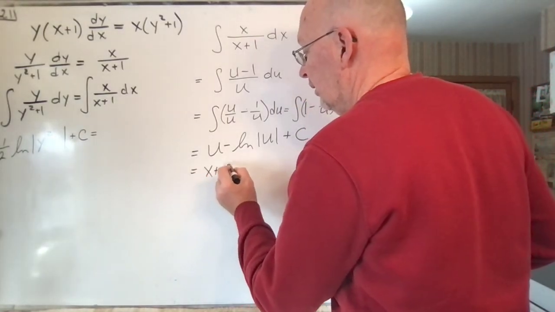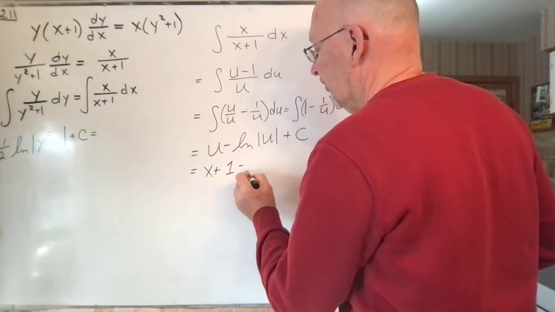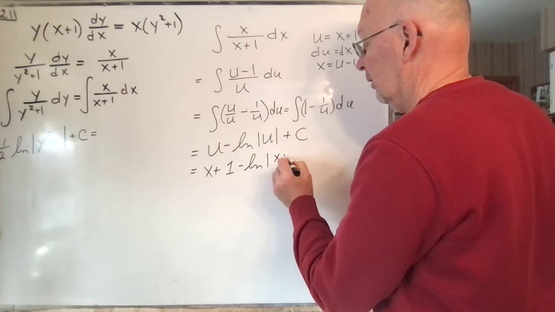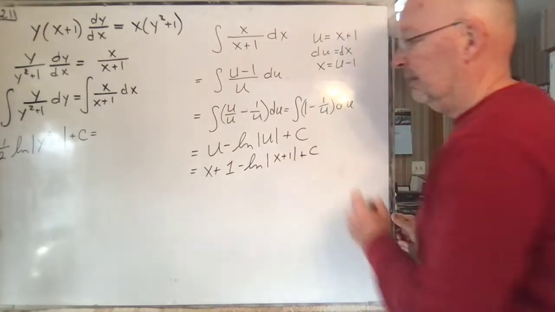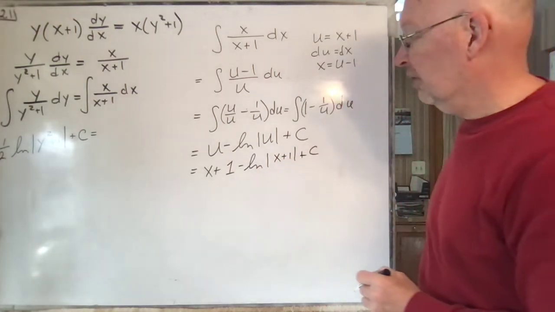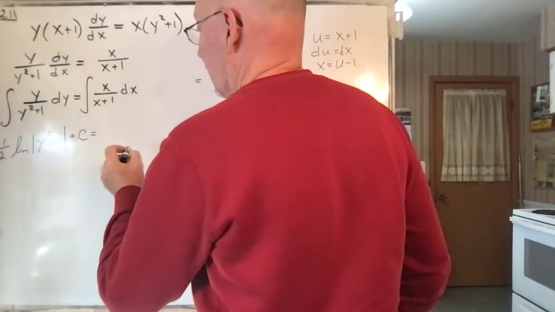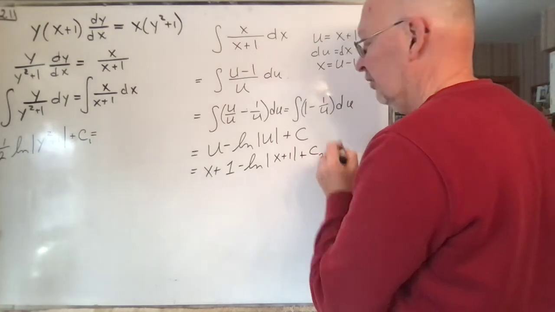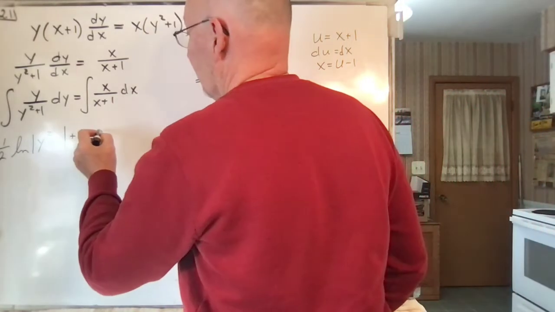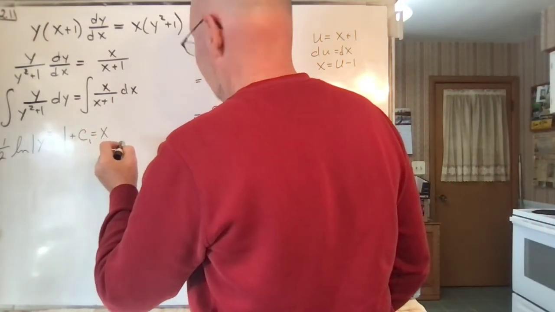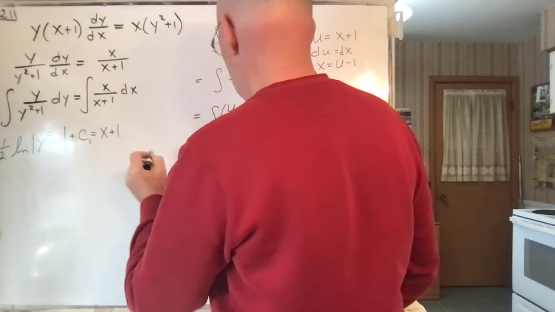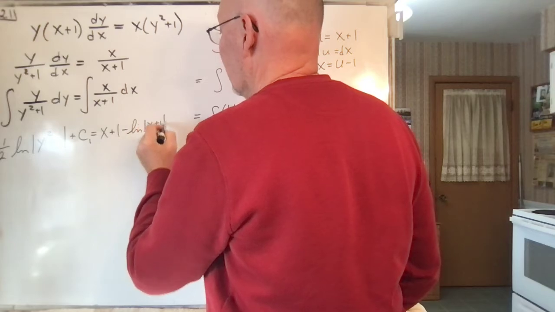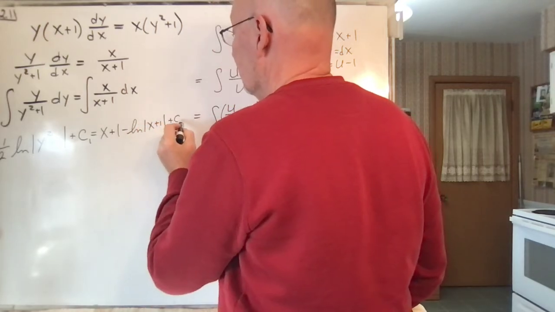X plus 1 minus the ln of the absolute value of x plus 1 plus c. So all that goes over here. I'll call this C1 and I'll call this C2. They're just different constants. So that's going to be x plus 1 minus the ln of the absolute value of x plus 1 plus C2, like that.